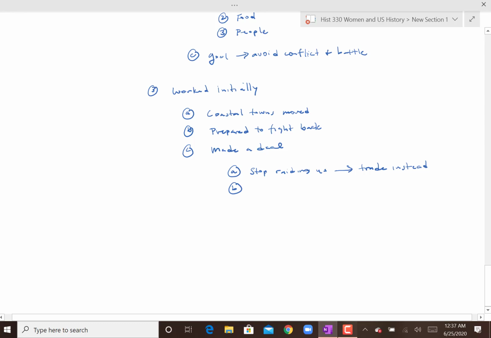And so they basically said that they would offer safe passage to their land, and then they would trade with them. And in return, what they ended up wanting after initial trading was weapons, European weapons. So what it became was weapons for people.